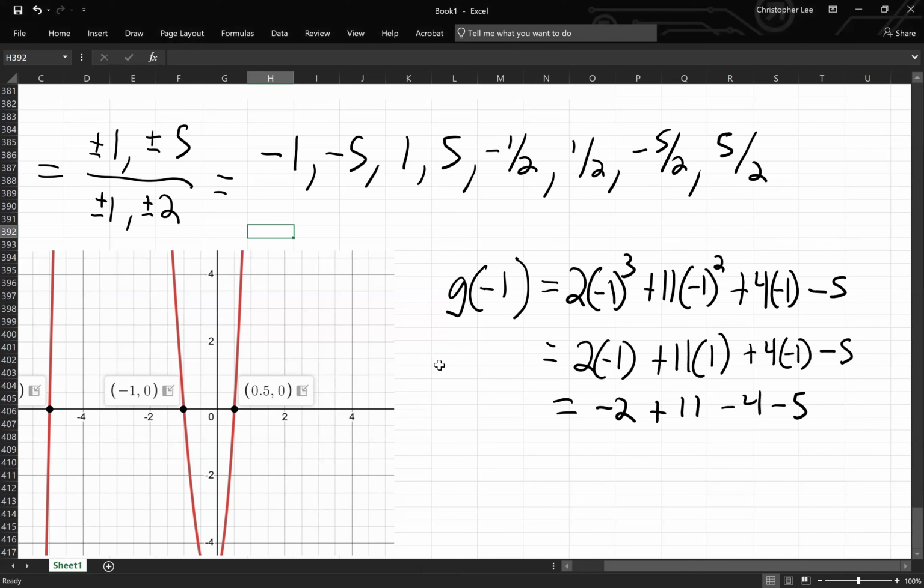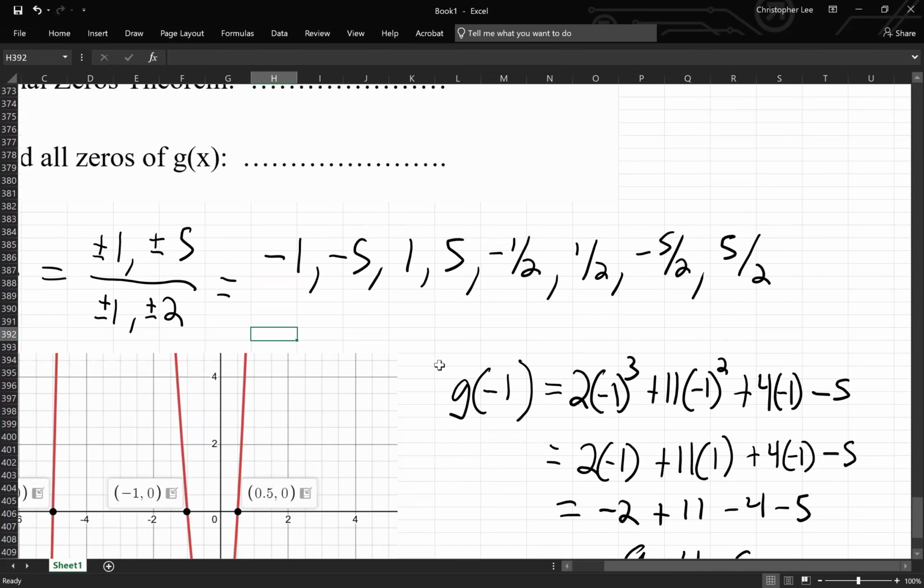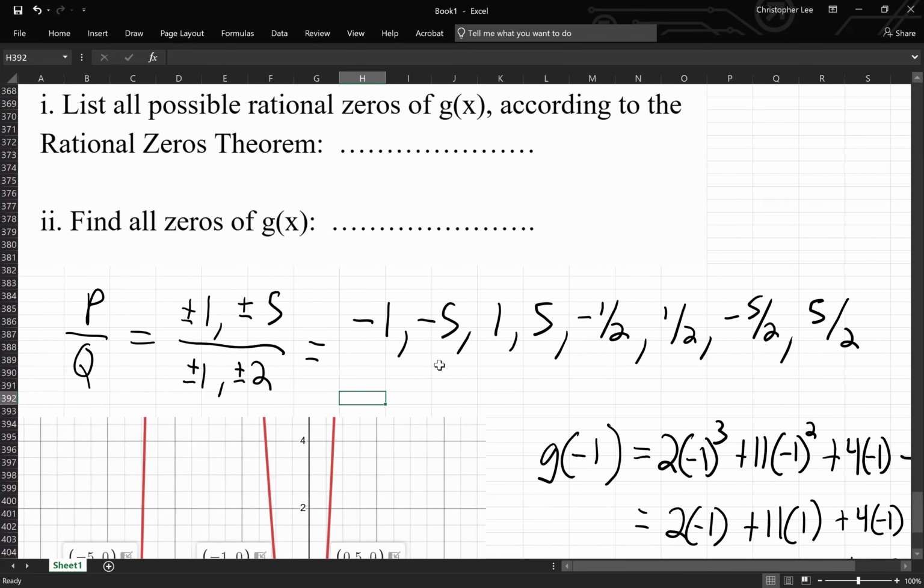So now let's do the math on this. -2 plus 11 gives me 9, minus 4, minus 5. 9 minus 4 gives me 5, minus 5, which equals 0. It in fact works. So I can tell you that -1 is indeed a factor. So one of the zeros that we have is -1 comma 0. Let's look at another zero.